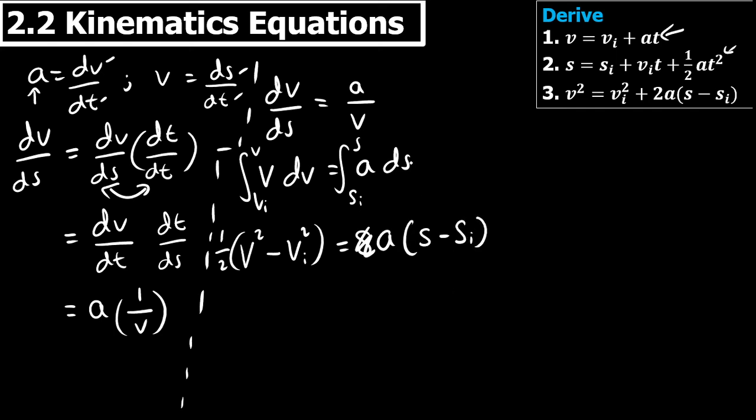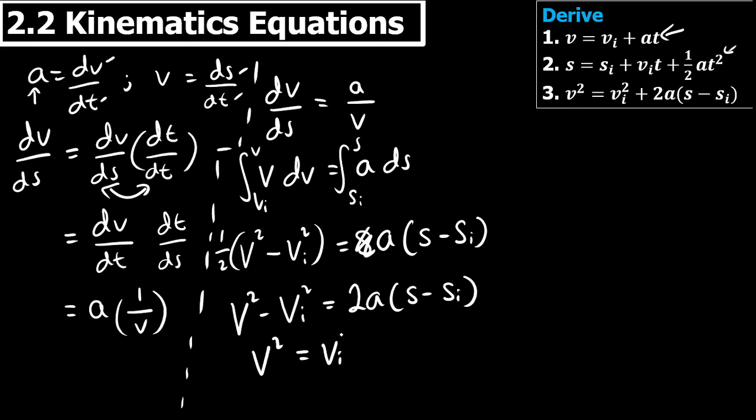I can rearrange that to get v squared minus vi squared equals 2a times s minus si. And then I have the final form, which is v squared equals vi squared plus 2a times s minus si.